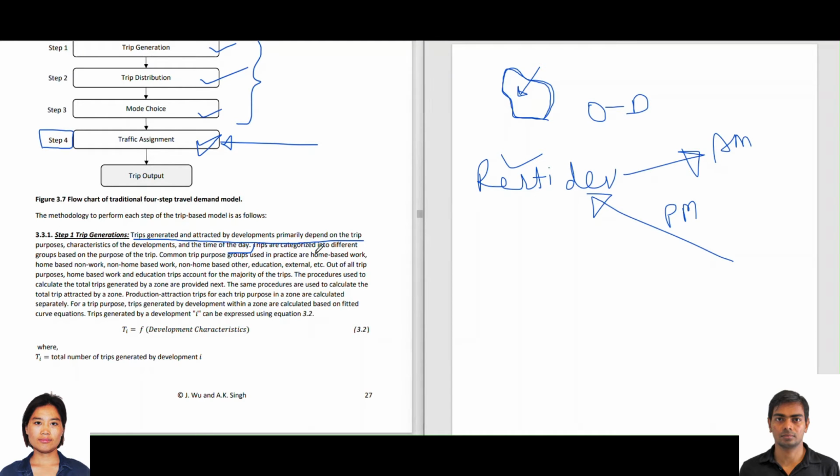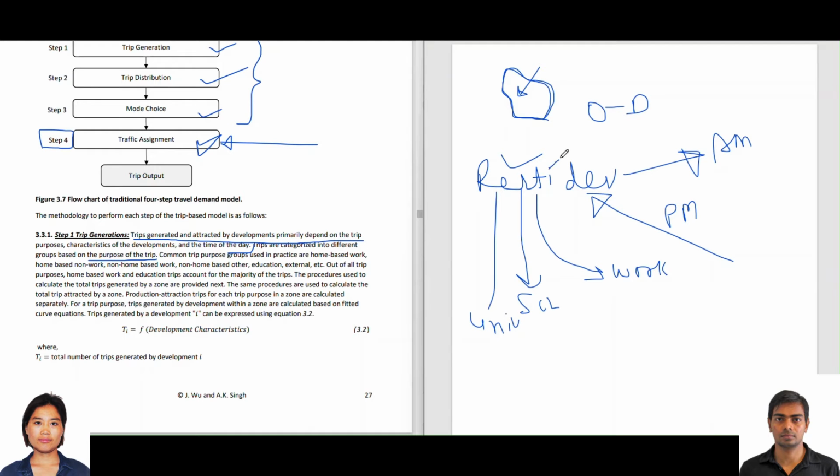Trips are then categorized based on the purpose of the trip. So let's say from a residential area, some people can go to work, some people can go to school. Let's say children are going to school, younger students are going to colleges, universities.